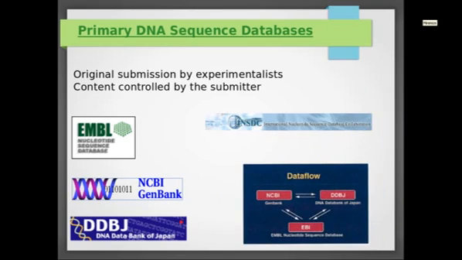Now, there's something that is very significant. There's something called data flow. The data that is being stored in EMBL here can actually be synchronized into NCBI. Whatever is found in NCBI can also be synchronized to EBI and DDBJ.